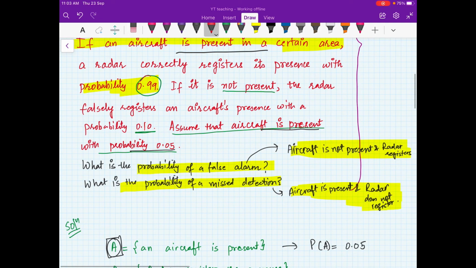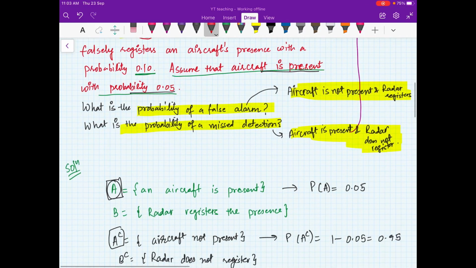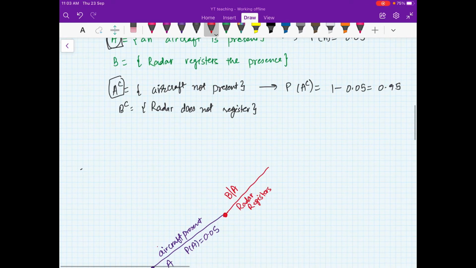Probability is 0.99. You see, when an aircraft is present, radar registers its presence with the probability of 0.99. So this event is B given A, and its probability is 0.99.